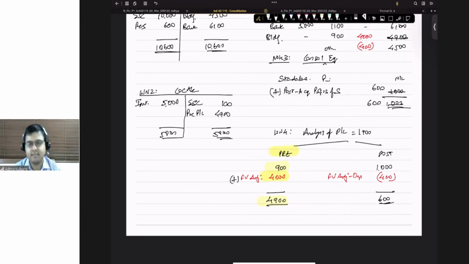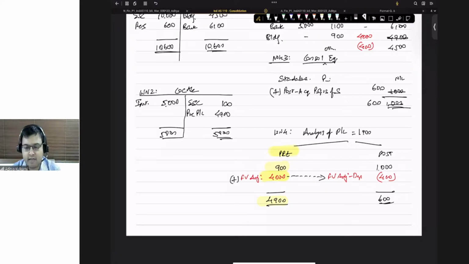What is changing is, in the earlier case, it was land. Land is a non-depreciable asset, so going forward there will be no adjustment. But in the case of building, it is a depreciable asset. So I have to depreciate the building over the next 10 years. Therefore, this 4000, I will have to write it off by way of depreciation.